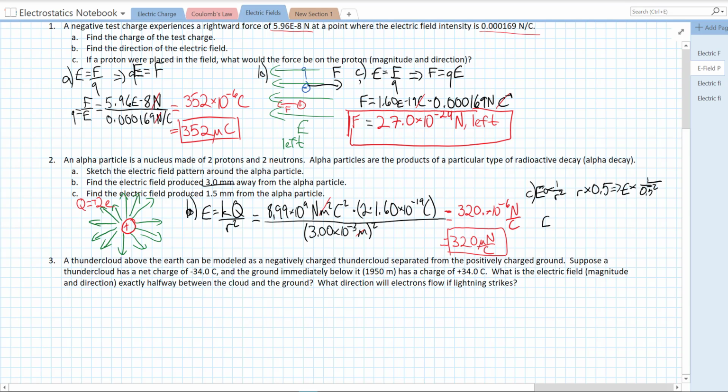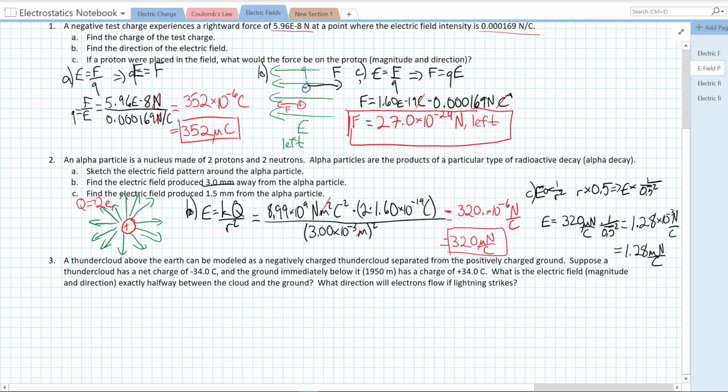So my electric field is equal to 320 micronewtons per coulomb times 1 over 0.5 squared, and that is equal to 1.28 times 10 to the minus 3 newtons per coulomb, which is equal to 1.28 millinewtons per coulomb.